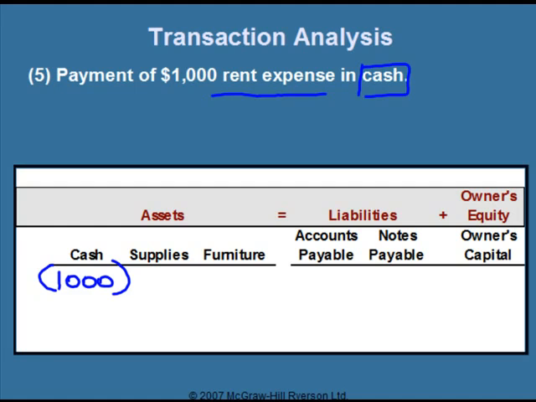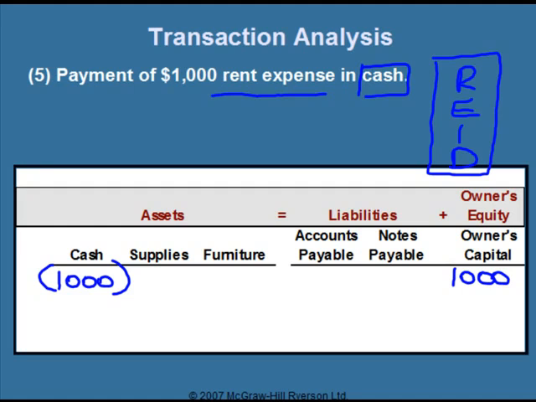I'm also going to put that $1,000 under the capital column because capital changes for one of four reasons: revenues, expenses, investments, and withdrawals. We're going to use a D for withdrawals because some companies call that withdrawal a draw, so it's a standard practice in industry. It also creates an acronym to help us remember what goes in that capital column.